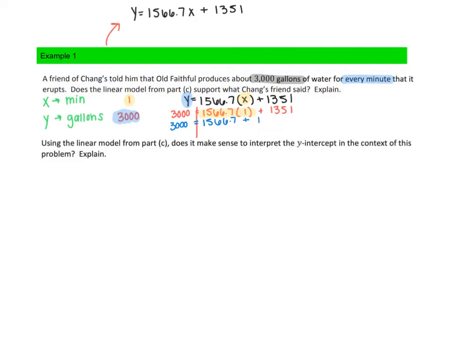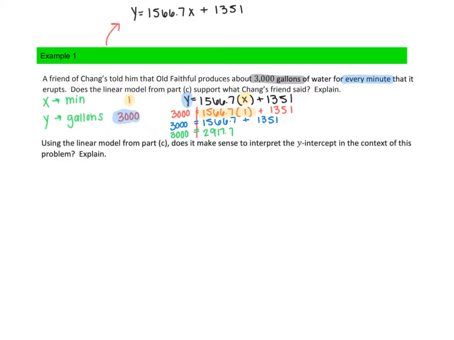And then we're just going to be adding 1,351 to that. And I'll do that really quickly in my calculator. What I get is 2,917.7. And so this is the final part of my equation.